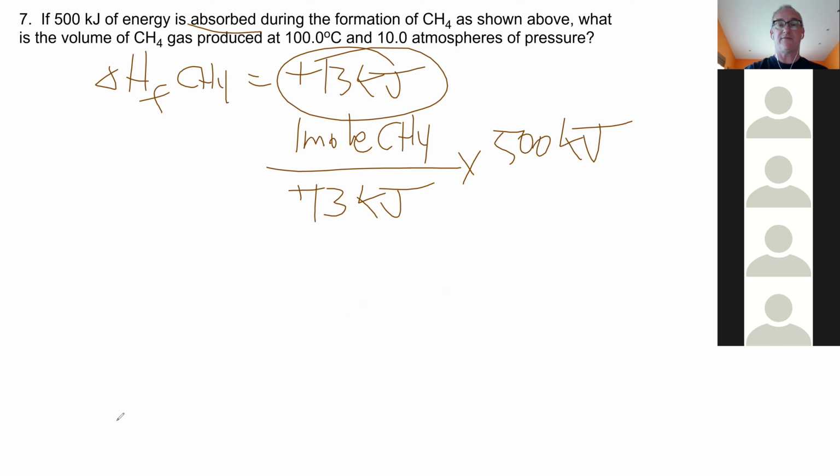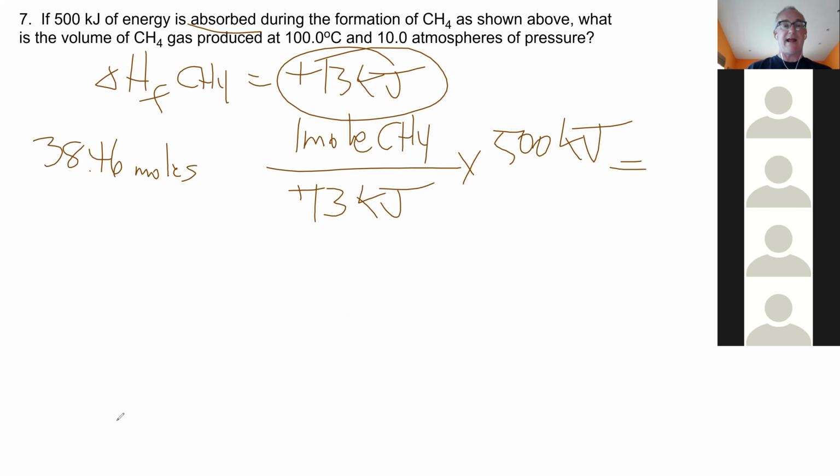So how many moles of methane is that? 38.46 moles of methane. Now it's just a gas law problem.